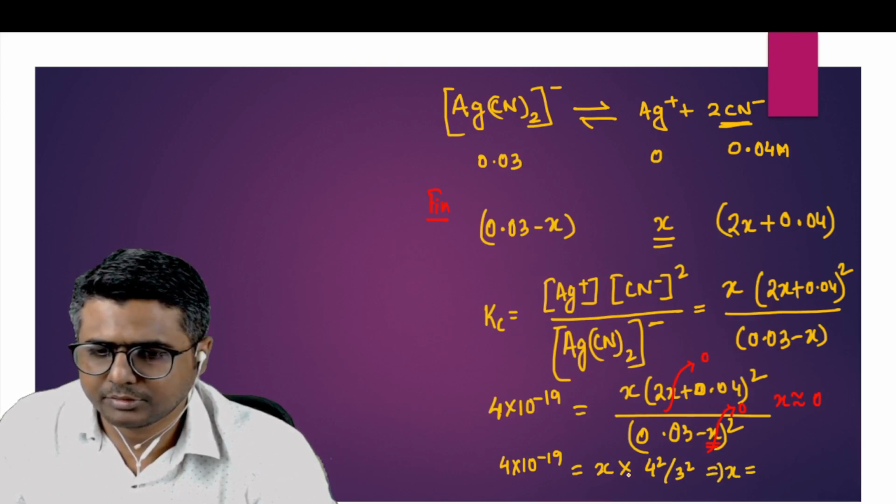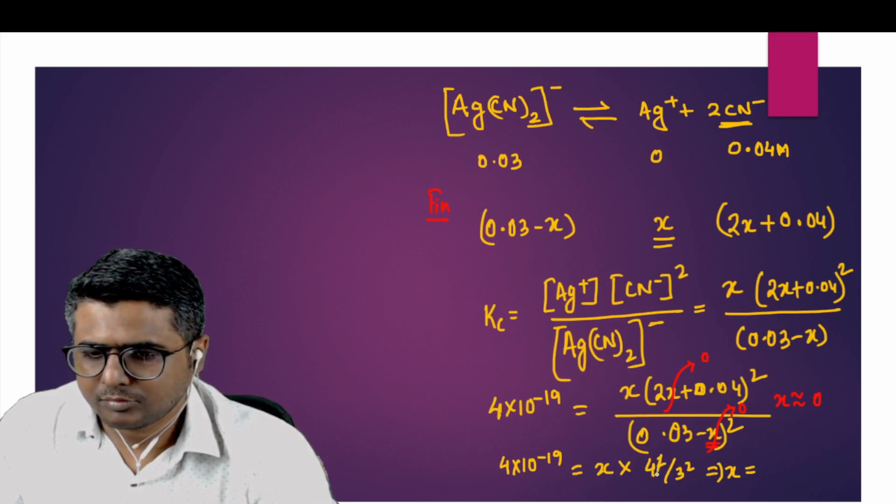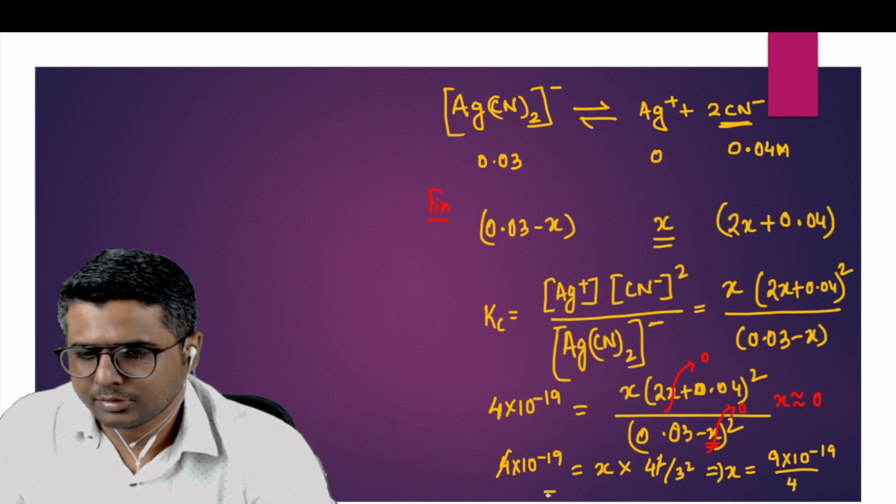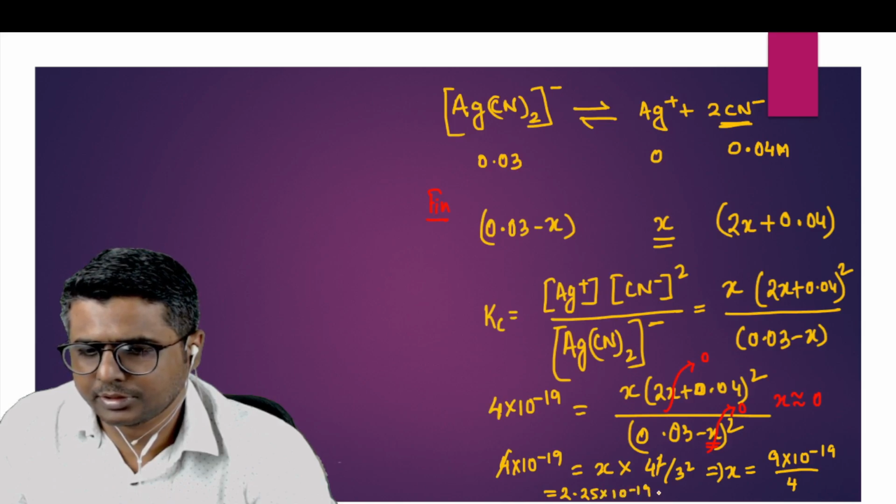X is equal to, 4 will be cancelled out, 9 into 10 to the power minus 19 divided by 4. So this will be 2.25 into 10 to the power minus 19.